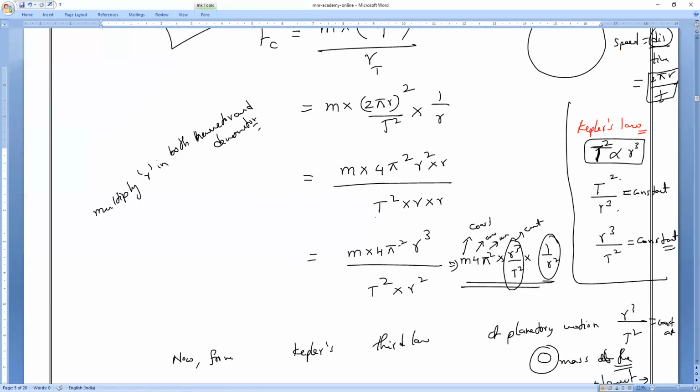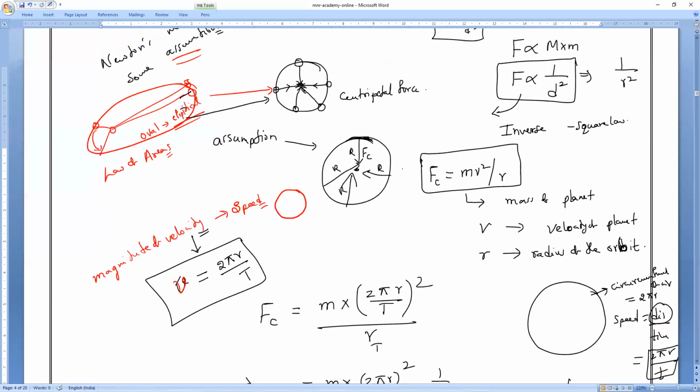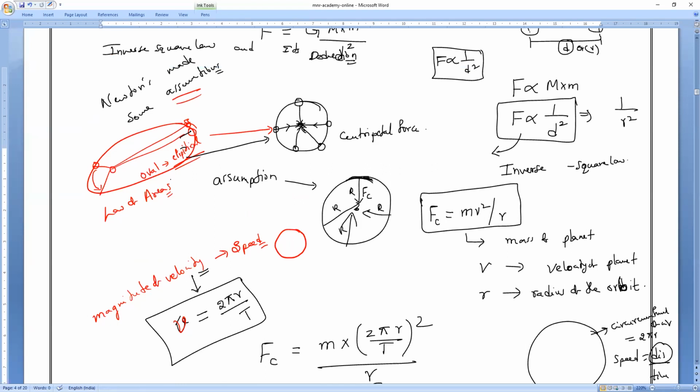Once again, the centripetal force formula is mv square by r. We know Mr. Newton assumed that the motion of the planets is not elliptical. For his calculation purpose, he modified that assumption from elliptical to circular shape. So in circular motion, the gravitational force which makes the planets revolve around the sun is actually the centripetal force.